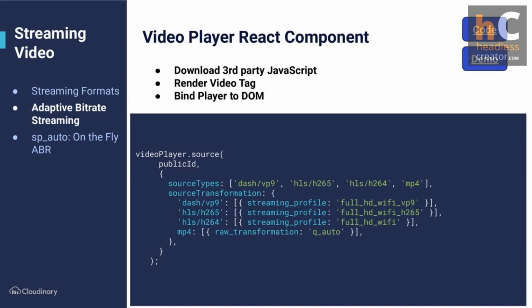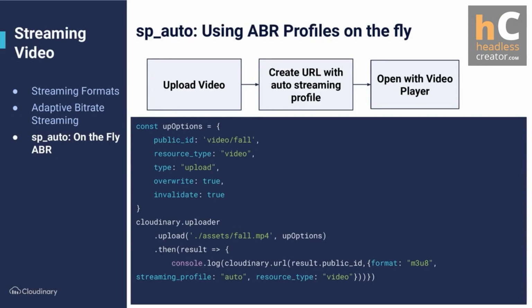To make that simple, what we did at Cloudinary is we introduced this other alternative, which is SP Auto or Streaming Profile Auto. So what that does is when you upload a video, you can tell us that, hey, I have this video, but I'm not very sure on what profile to use. But I do know that I want to stream as HLS, right?